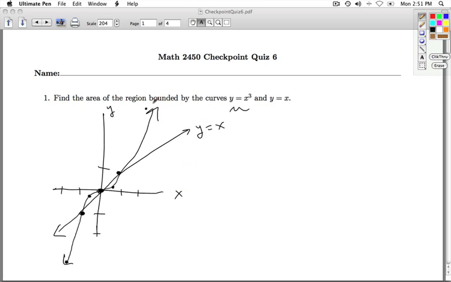So when they're asking for the region bounded by the curves, they're talking about this part here and this part there. So remember, area between curves, you integrate a to b, top minus bottom.